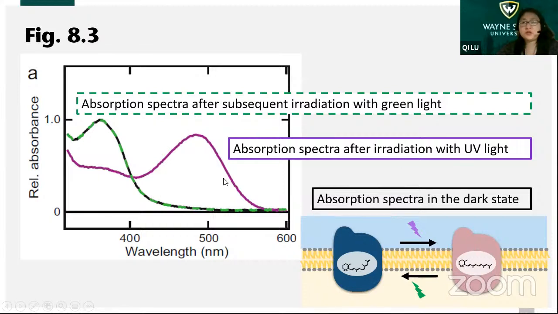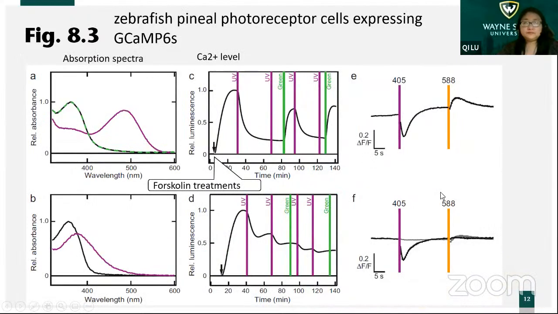So this image is showing this functional result. Since it's coupled with a GI, after activation with the UV light, you will decrease the concentration of cyclic GMP. So this experiment is done on a photoreceptor expressing the calcium sensor.